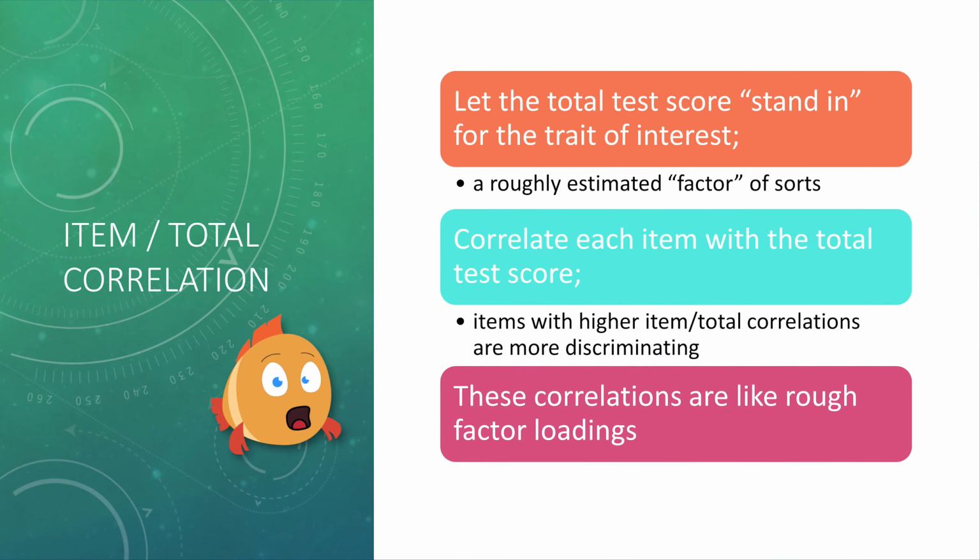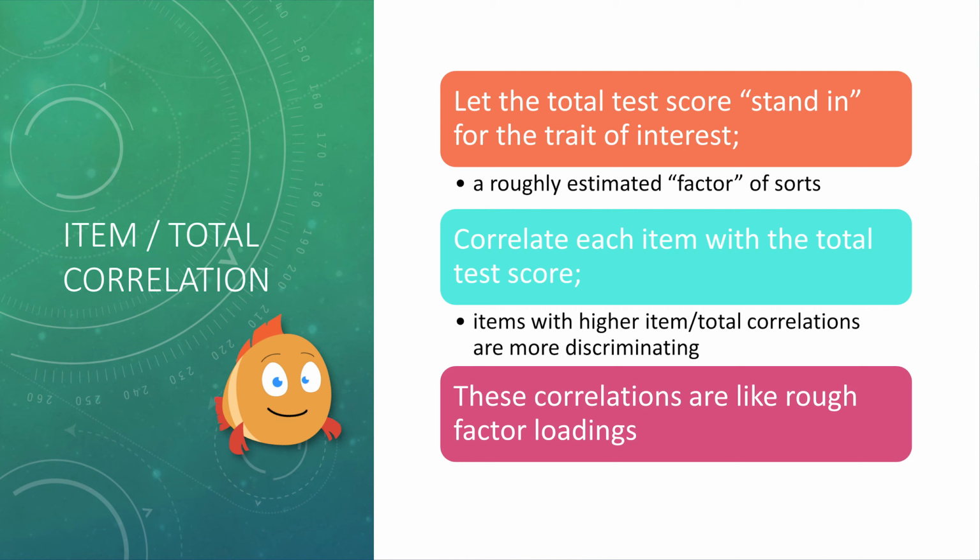All right, so here's the breakdown of how to do the item total correlation technique. Let's let the total score stand in for the trait of interest. So this is roughly an estimated factor. Effectively, it's a factor where every question is equally weighted. And then we correlate each item with the total test score.